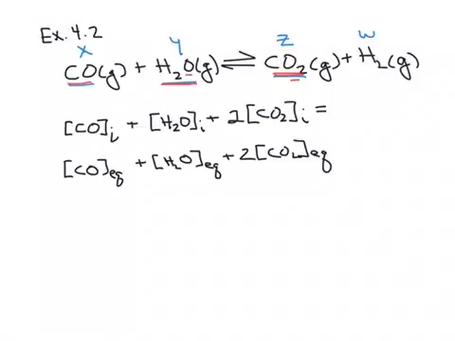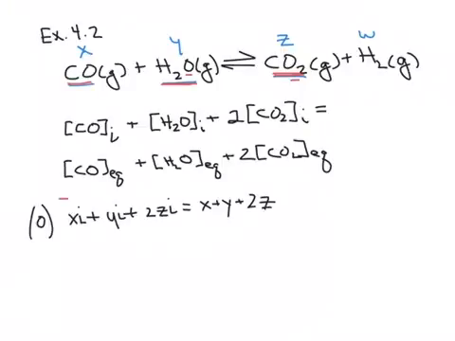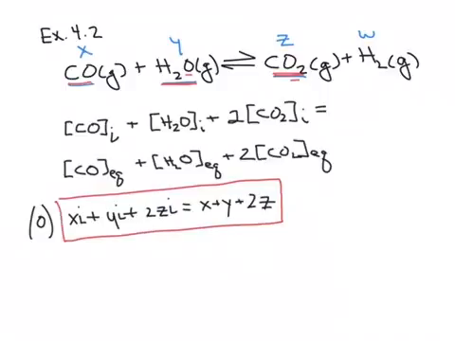All right, so when we substitute in all these variables, we get Xi plus Yi plus 2Zi is equal to X plus Y plus 2Z. And let's put in parentheses that this was for oxygen. So this will be the equation that we plug into Mathematica.